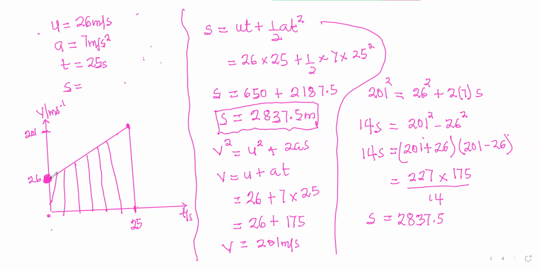So from when it accelerates by this margin, the final velocity we calculated here is 26 plus the acceleration times the time taken. And so the final velocity is 201. So during the acceleration within the period, the final velocity is this, 201. And that's what I've indicated here.